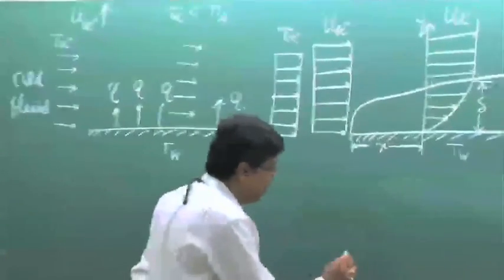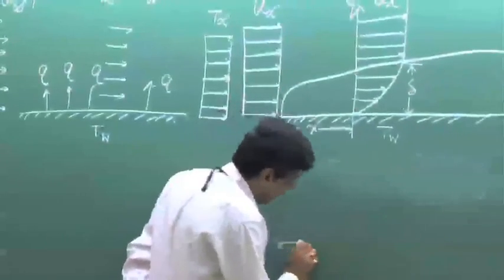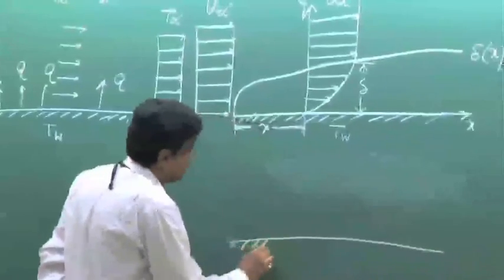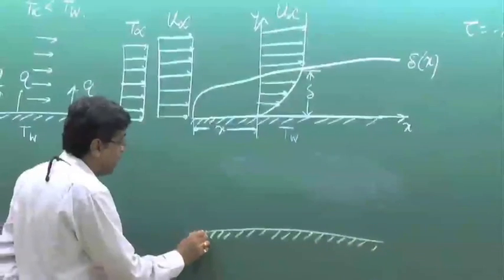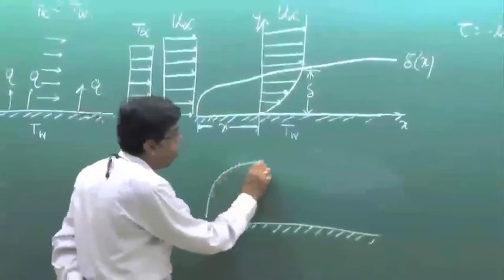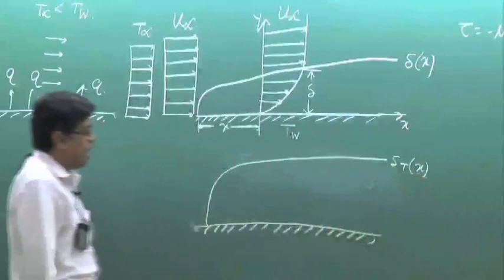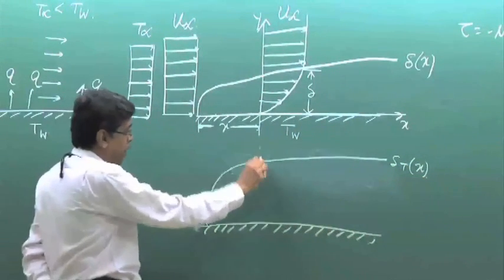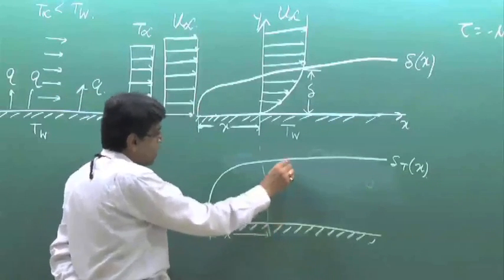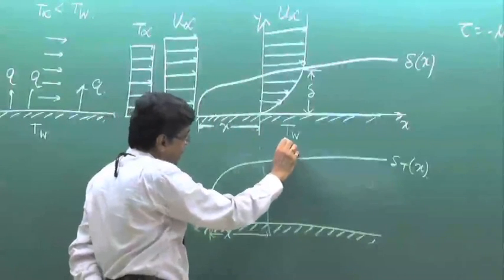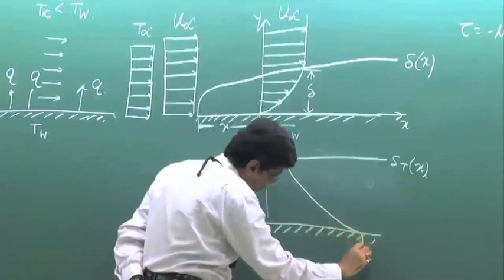In a similar fashion, if we draw the plate, we will see that a thermal boundary layer will grow, which is also a function of x, and like the velocity boundary layer in a sense that at a distance x from the leading edge, this is the scale of T infinity, and this is the scale TW.